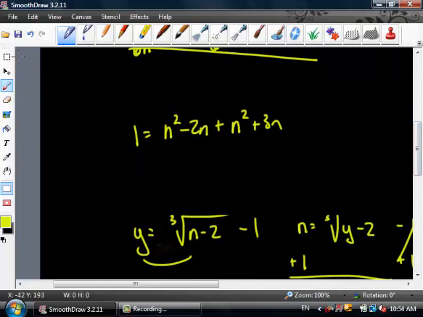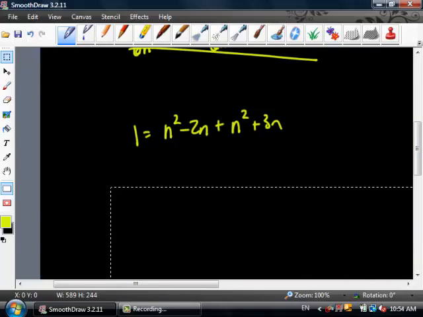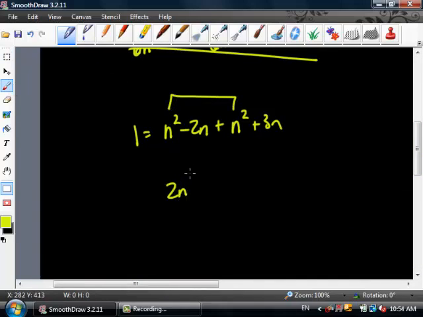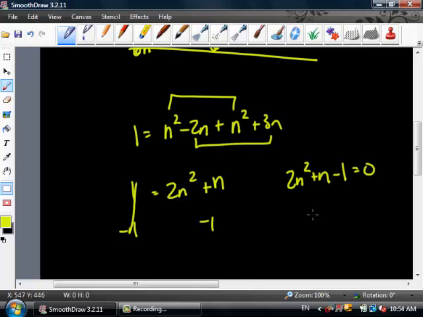Oh, I get some nasty stuff down there, but we can get rid of that. So I'm going to combine these. I get 2n squared. I combine these, so I get plus n equals 1. So I'm going to subtract 1 from both sides because I'm dealing with a quadratic equation. So this is 2n squared plus n minus 1 equals 0.